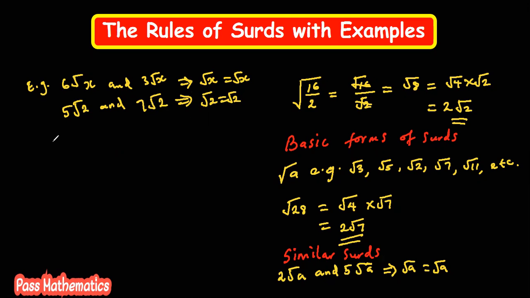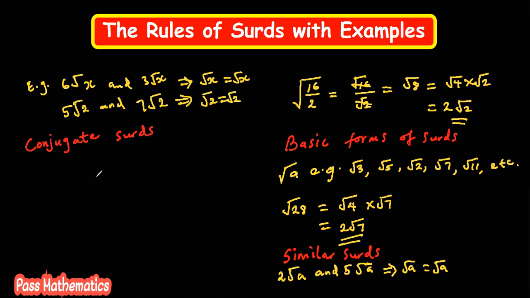Okay, another rule. This time around it is called conjugate surds. Conjugate surds are two surds whose products result in a rational number.